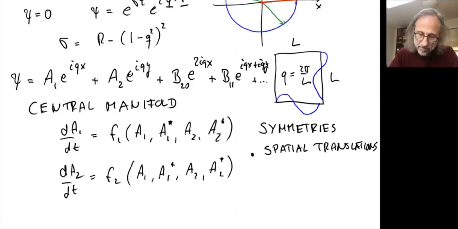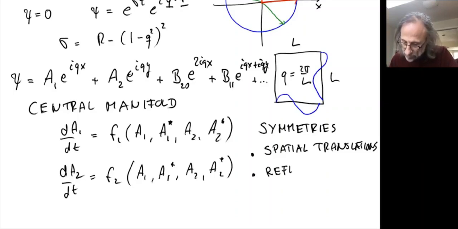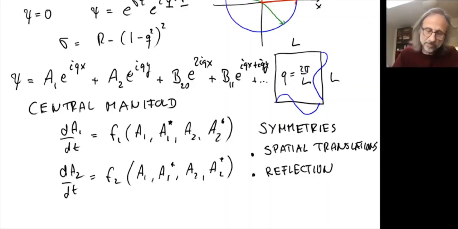If it's a square container, then we also have reflection symmetries, not just the ones we had before. In the previous example, we had reflection symmetry x going to minus x. In this case, I'm referring to the reflection symmetry where we flip about the diagonal, so we exchange x and y. A square can be flipped about its diagonal and stays the same, and that's the other symmetry that will give us further information.